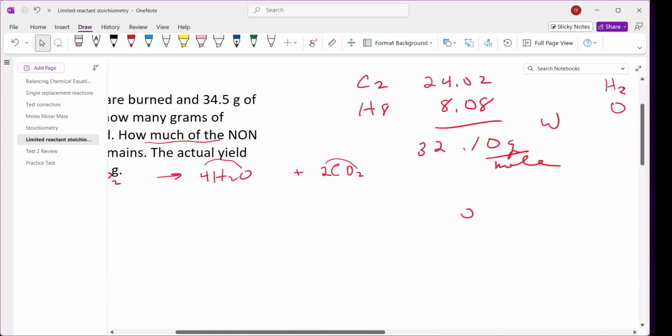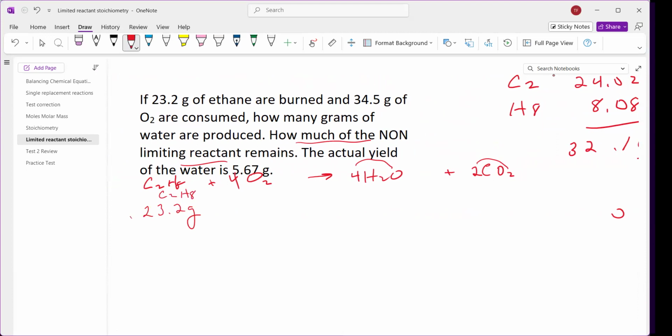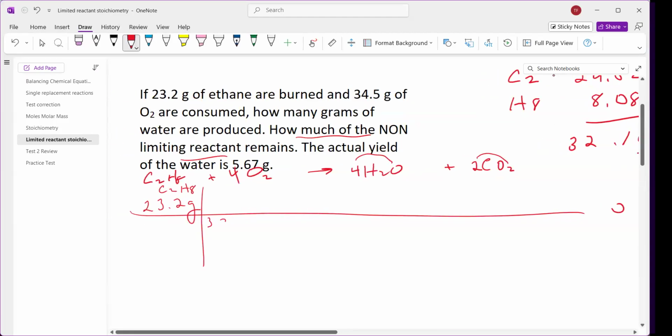All right, so let's look at starting with ethane. Okay, molar mass for ethane is 30.10.